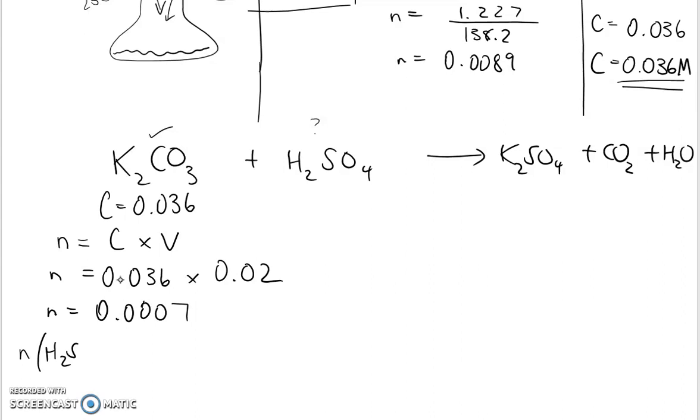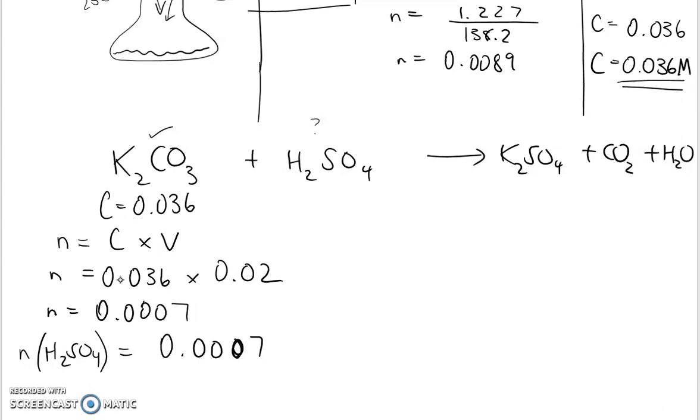So the moles of sulfuric acid that are going to be reacting are 0.0007 as well, because we've added just enough sulfuric acid to meet the stoichiometric ratios, which means I've just added the same amount of moles as my potassium carbonate because it's a 1-to-1 ratio. So the amount of moles that I've added in my titer is 0.0007.